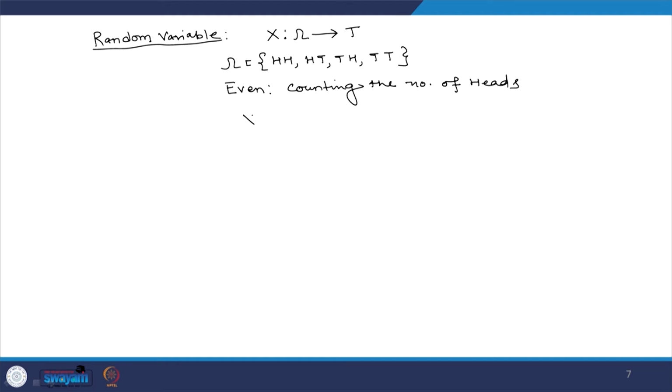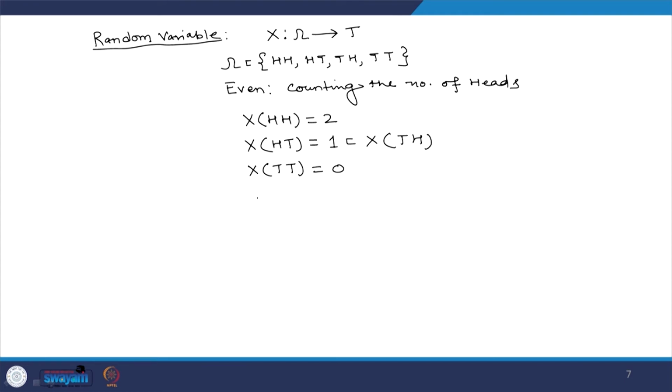So, now what will be the value of X(HH)? It will be 2. What will be the value of X(HT)? It will be 1 and it is equal to X(TH). What is the value of X(TT)? When both the coins are tails, there is no head, that is 0.